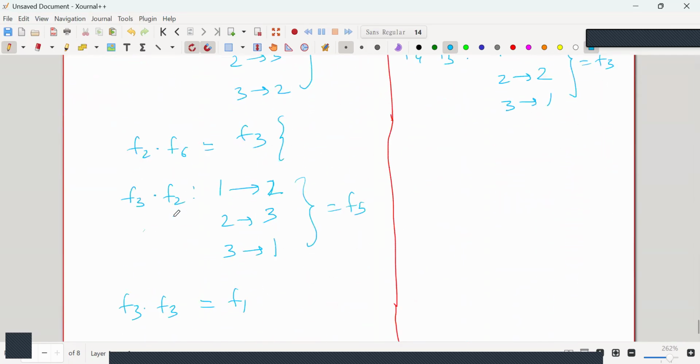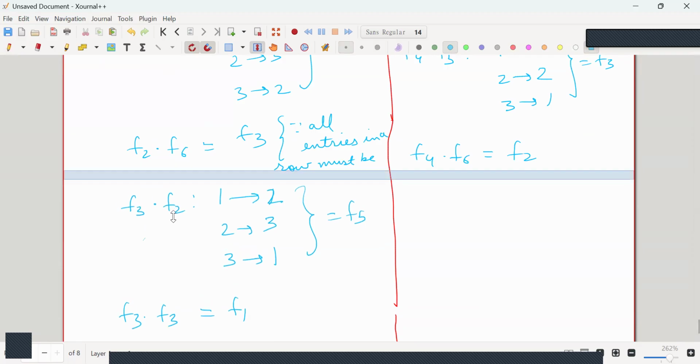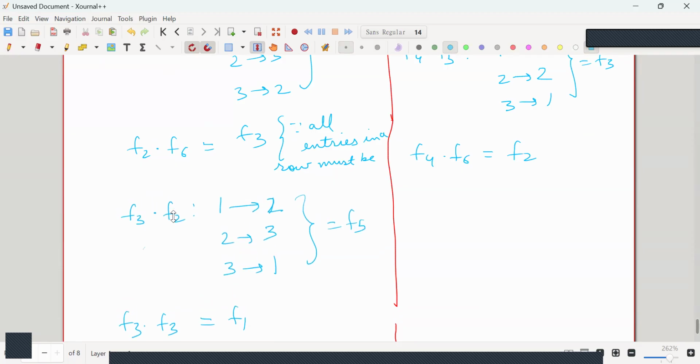Maybe I can mention here F4 times F6 is F2, since all entries in a row must be distinct.